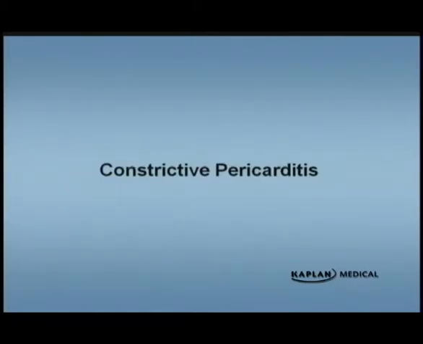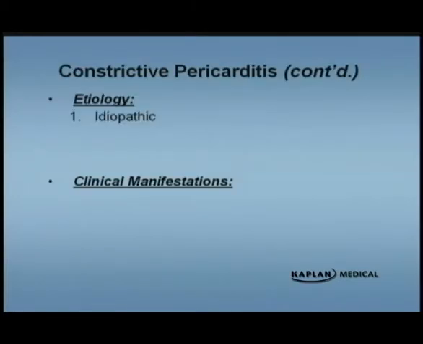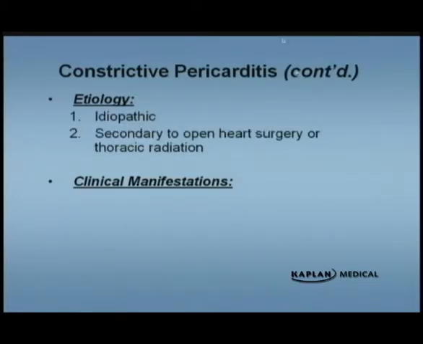Now, constrictive pericarditis is almost exclusively something that is chronic, that causes fibrosis, some chronic infection or fibrosis that allows the pericardium to become a thick, non-compliant calcific box.